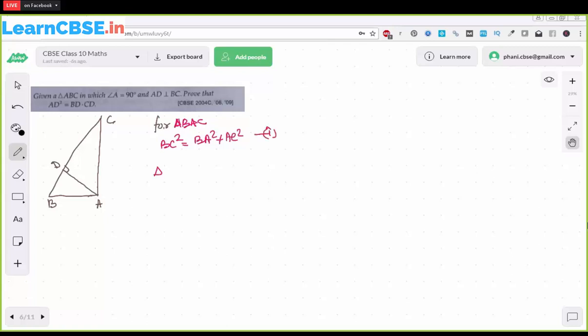Now for the triangle ADB, we can write AB square equals BD square plus AD square. That's the second equation. And for the triangle ACD or ADC, we can write AC square equals AD square plus CD square. That's the third one that we can write.